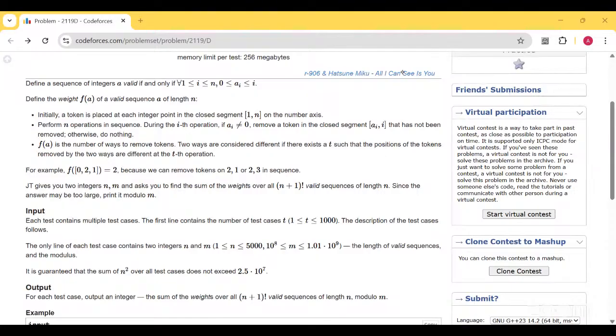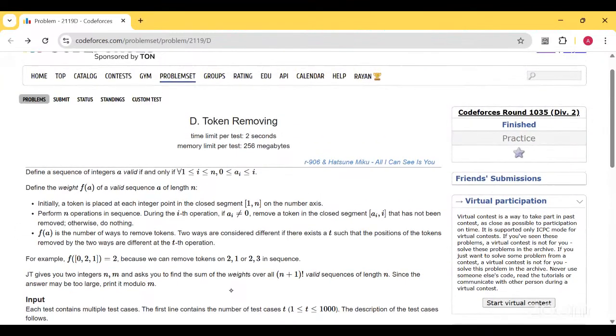All right. So the problem is like this. Given n, we want to make an array with size n, and for each number, for example array a_i should be at least 0, at most i.